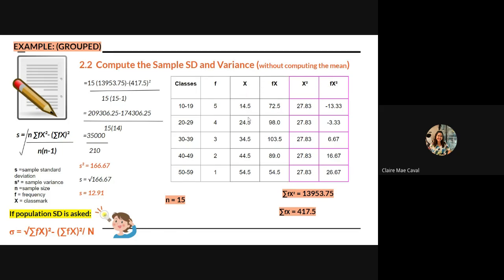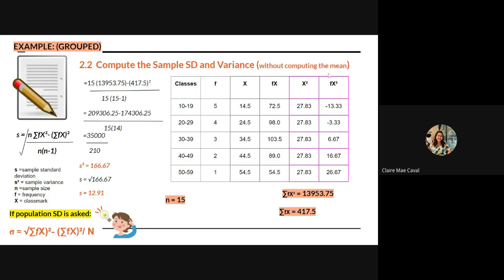So 14.5 squared is equal to 210.25. This one, 24.5 squared, is 600.25. 34.5 squared is equal to 1,190.25. 44.5 squared is equal to, sorry, 1,980.25. And 54.5 squared is equal to 2,970.25.